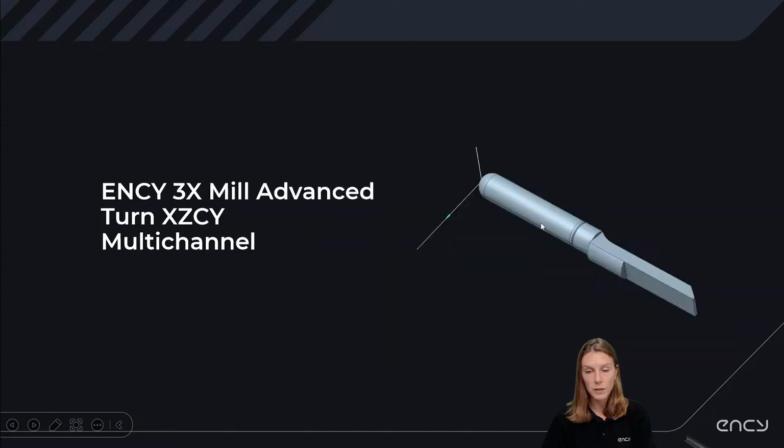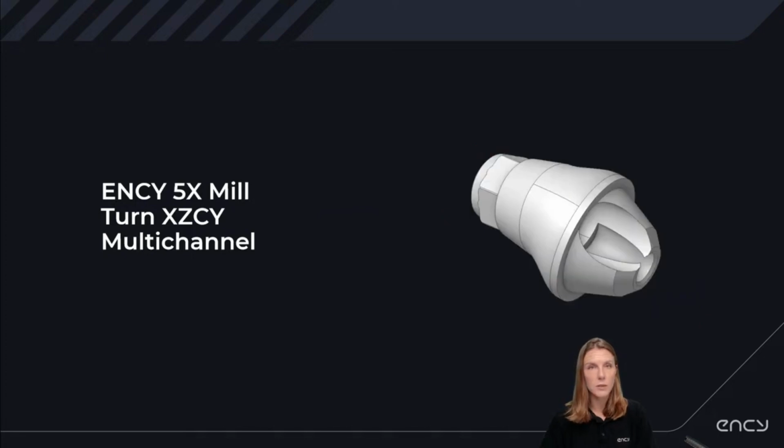If you're gonna have a little bit more complicated parts where you need more milling functionality with maybe some contouring or some scallops, so you will need 3-axis milling advanced configuration with the same options, the turning and multi-channel. And if you have really advanced Swiss lathe machine with B-axis, or you're gonna make some medical or dental parts where they really make complicated shapes, you can use 5-axis milling configuration in ENCY with the same turning and multi-channel mode embedded.